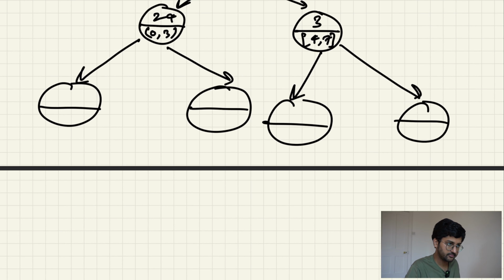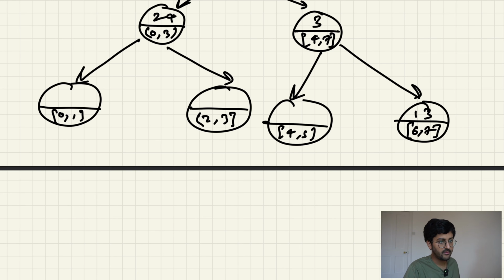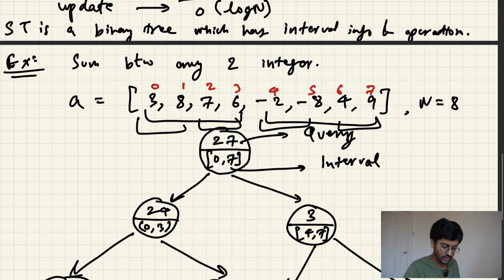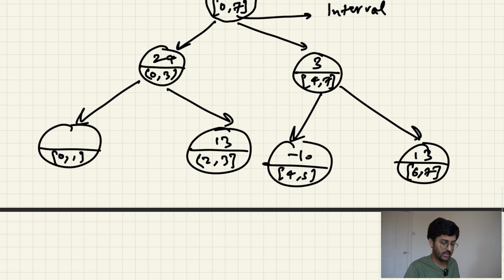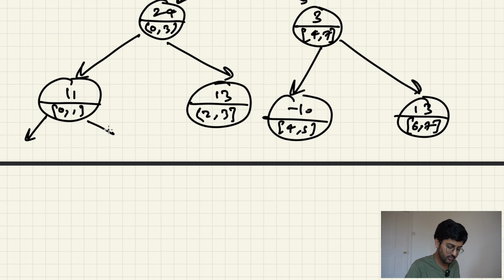So this is 0, 1, 2, 3, 4, 5, 6, 7. What is the sum? Sum of elements between 6 and 7 is 13. 4 and 5 is minus 10. 2 and 3 is again 13. And 0 and 1 is 11. Okay. Again divided by 2.